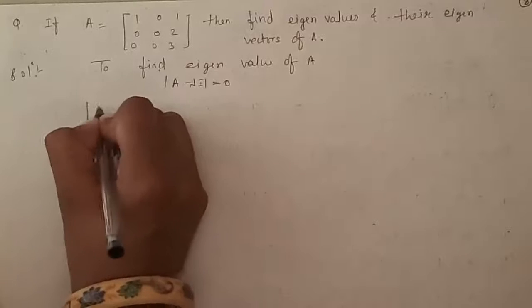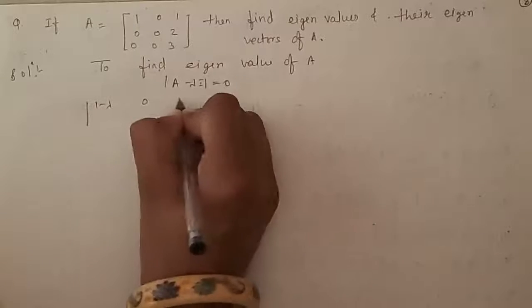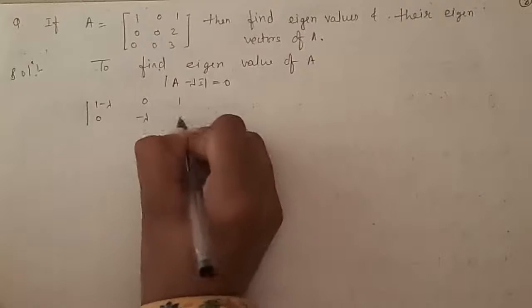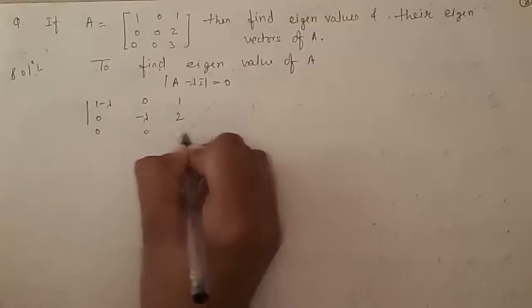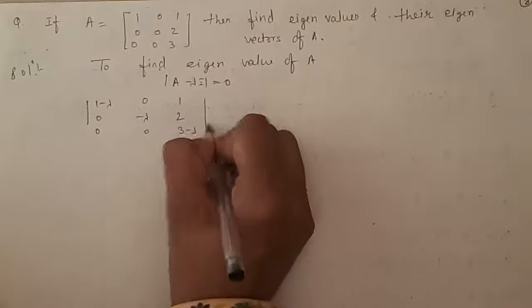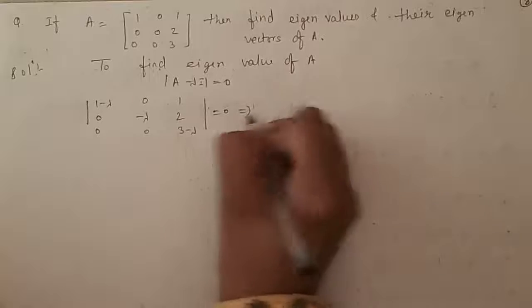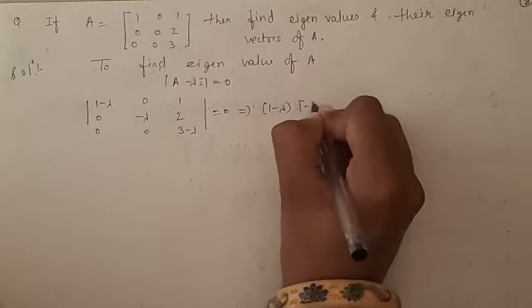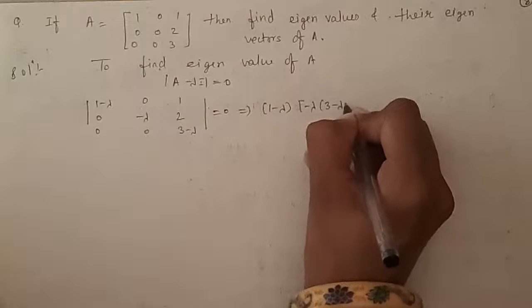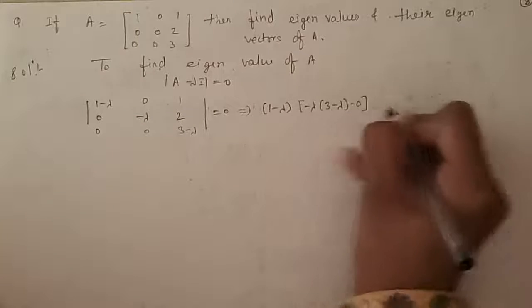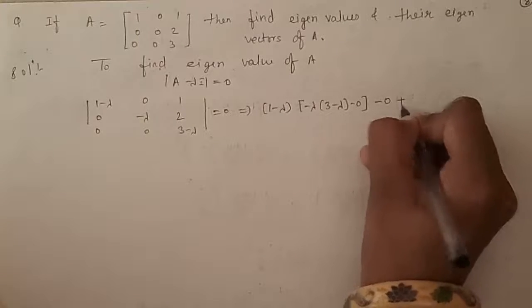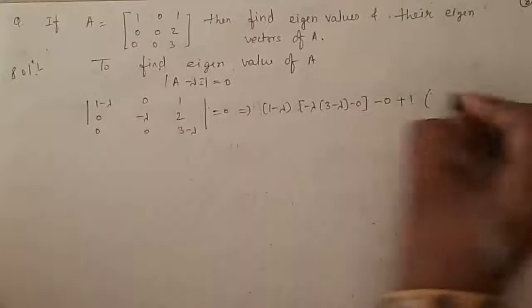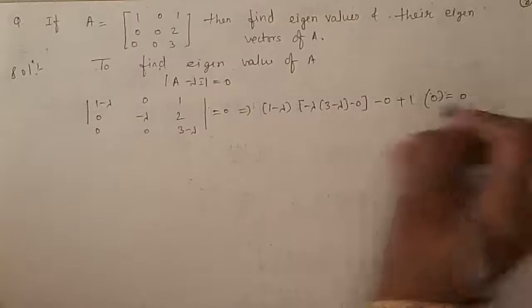So we have 1 minus lambda 0 1, 0 minus lambda 2, 0 0 3 minus lambda is equal to 0. On simplifying this we will get 1 minus lambda into 3 minus lambda minus 0 minus 0 plus 1 into 0 is equal to 0.